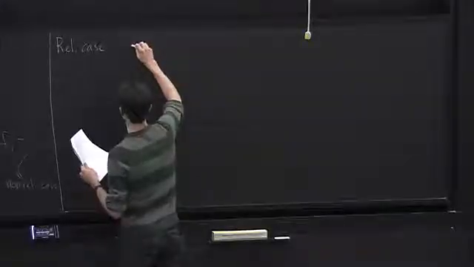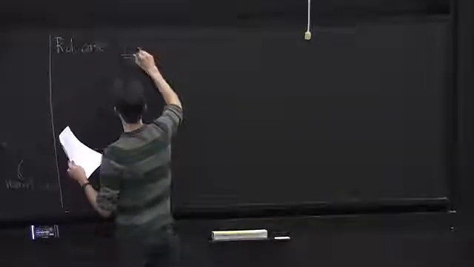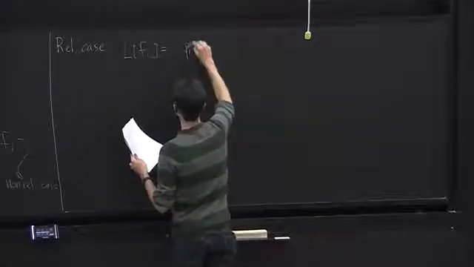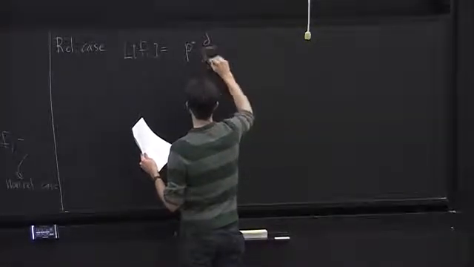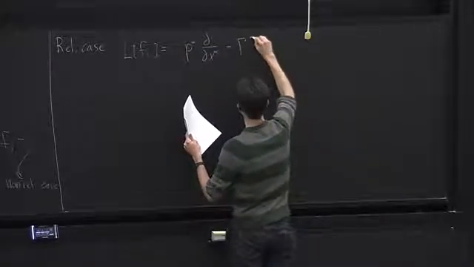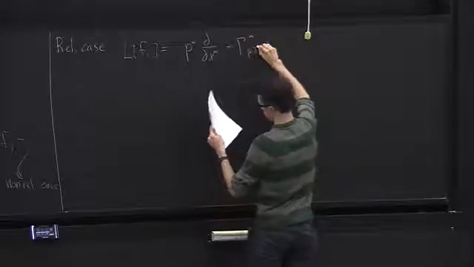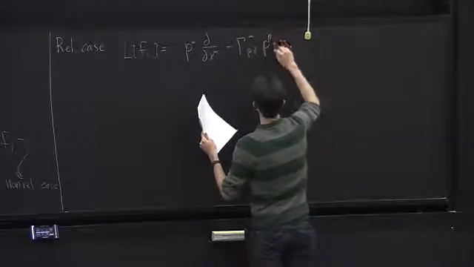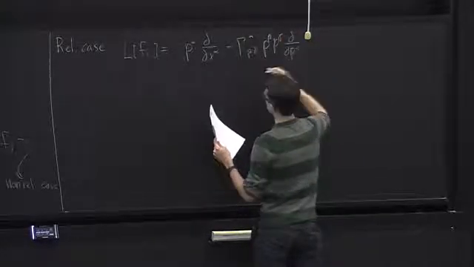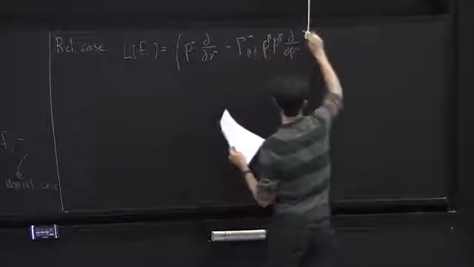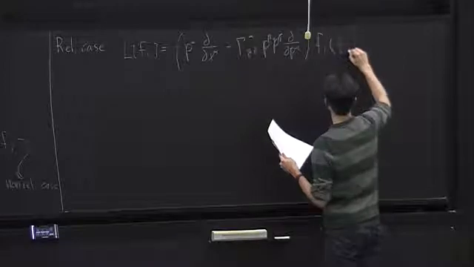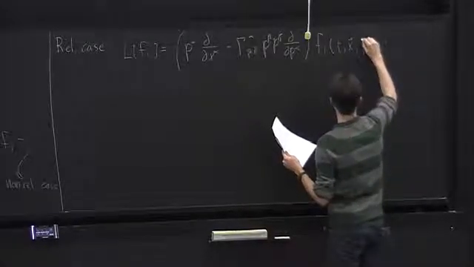And in the relativistic case, and this is the one we're going to use here for cosmology, L of Fi is going to be P alpha del x alpha minus gamma alpha beta gamma P beta P gamma del P alpha acting on Fi of T, X, and P.